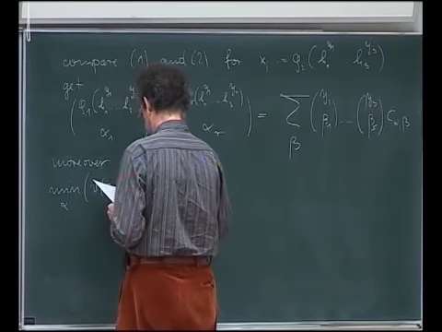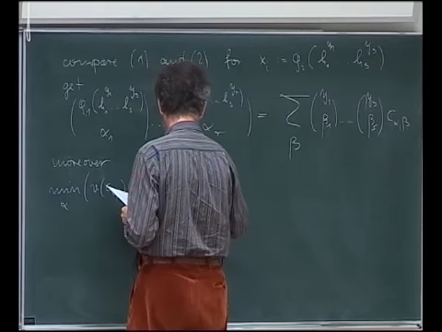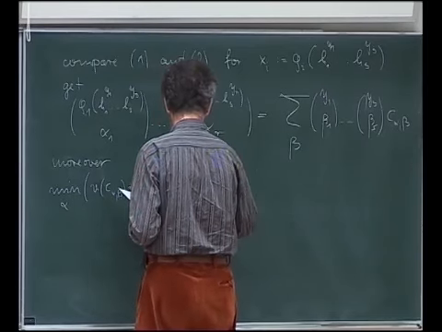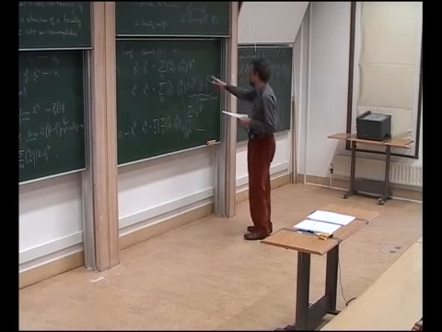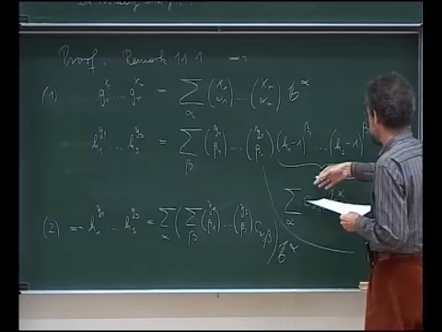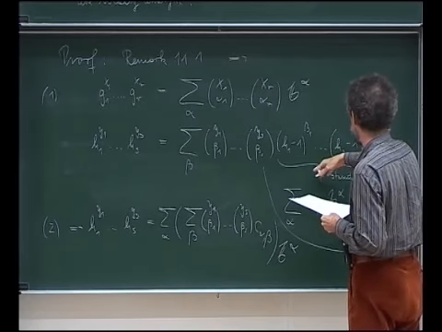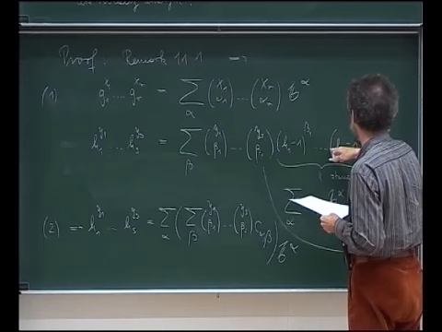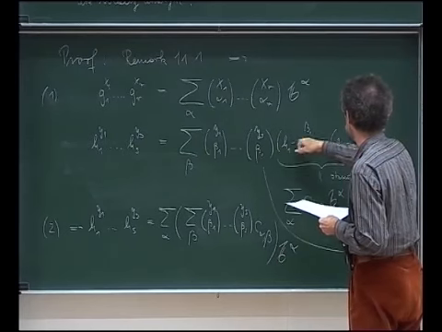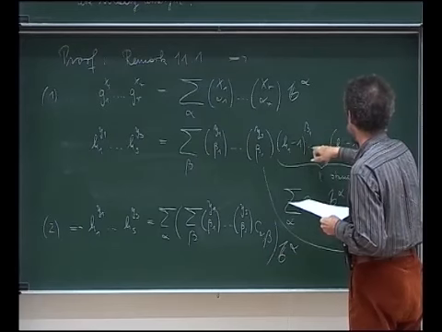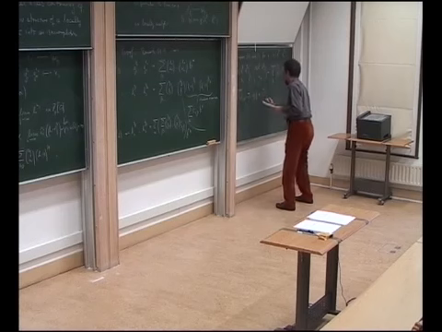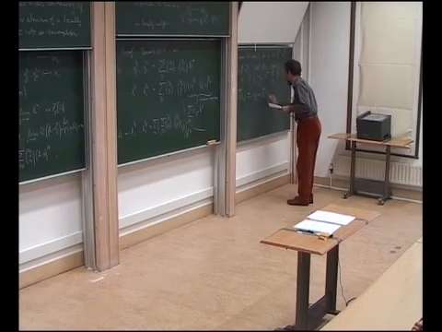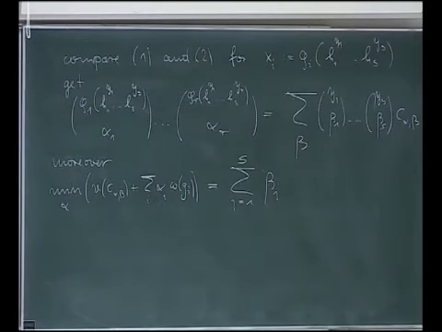On the right-hand side, this is the minimum of the valuation of the coefficients plus some sum of alpha I, omega I. But this is now omega tilde of this thing. We know from the previous corollaries in the previous section that omega tilde is multiplicative, so we can exchange it with this product in the exponents.